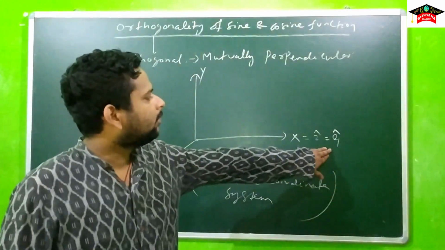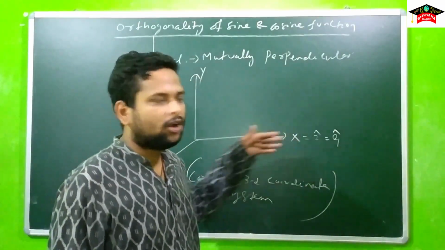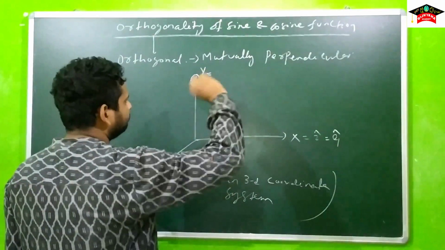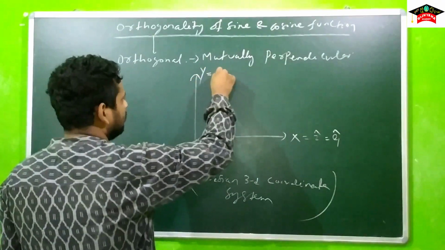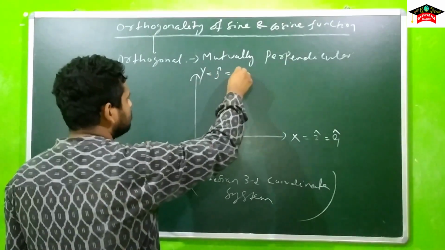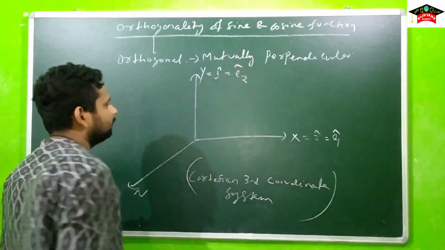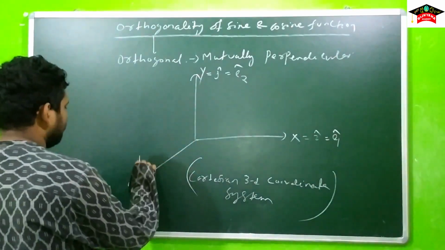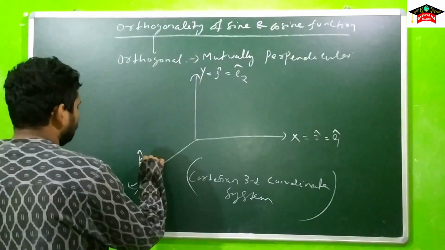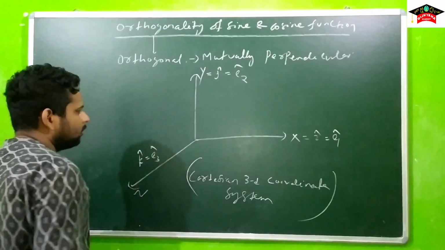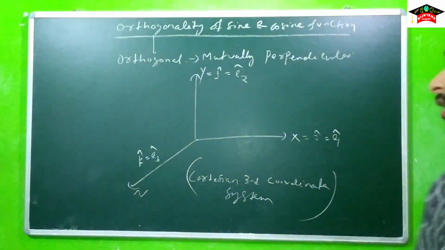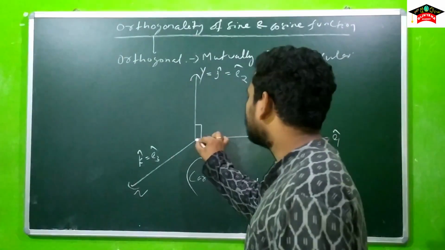So E1 cap means the unit vector along the positive x direction. Similarly, in the y direction we have j cap, or E2 cap. In the z direction the unit vector is k cap, or E3 cap. So E1 cap, E2 cap and E3 cap are three unit vectors which are mutually perpendicular to each other.